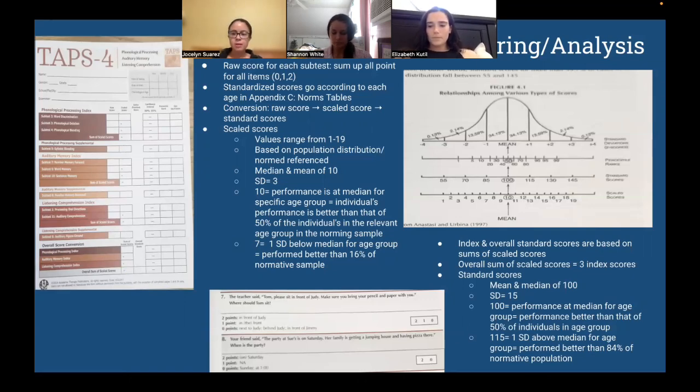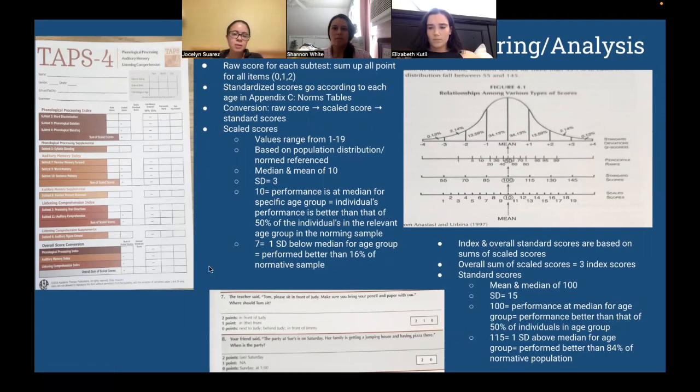What that means is the individual being tested, their scores are measured comparatively to other people, depending on their age, that are usually neurotypical, and they go against this bell curve.